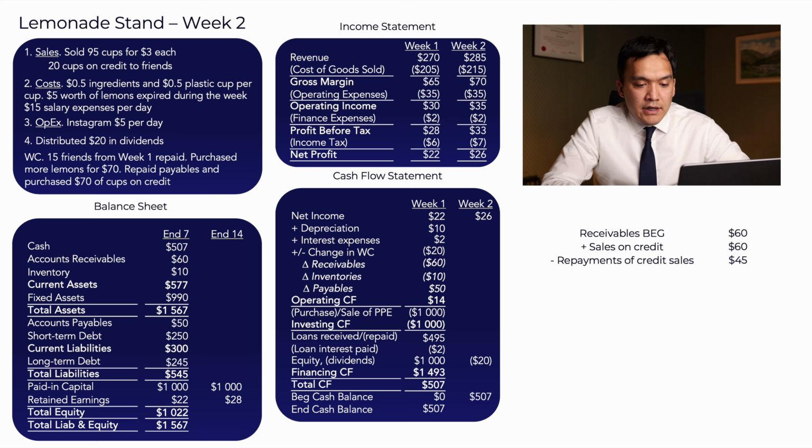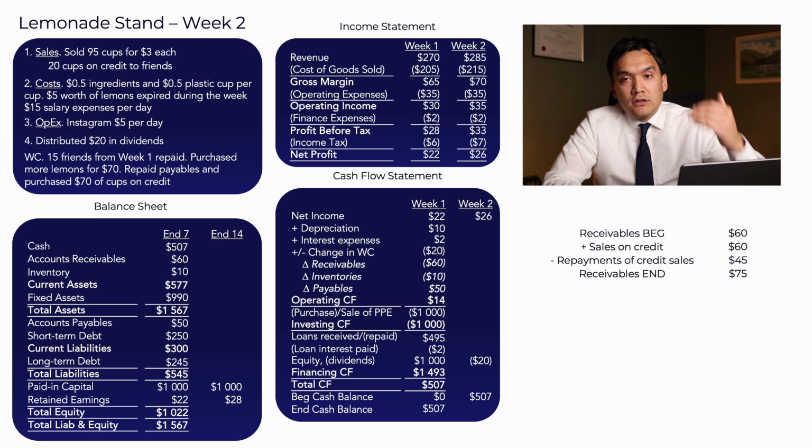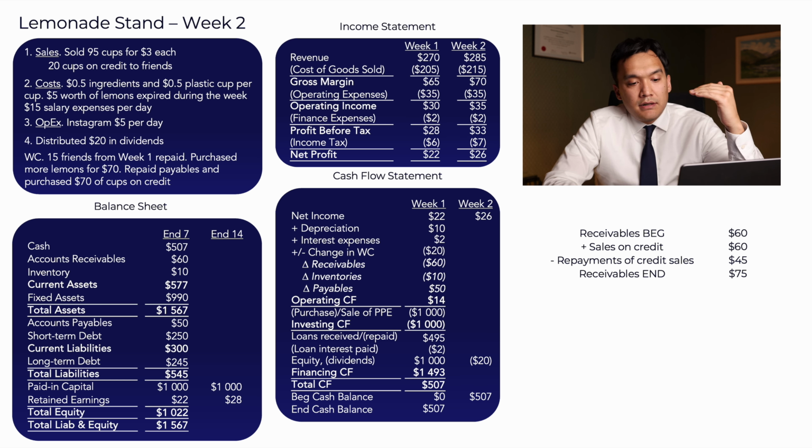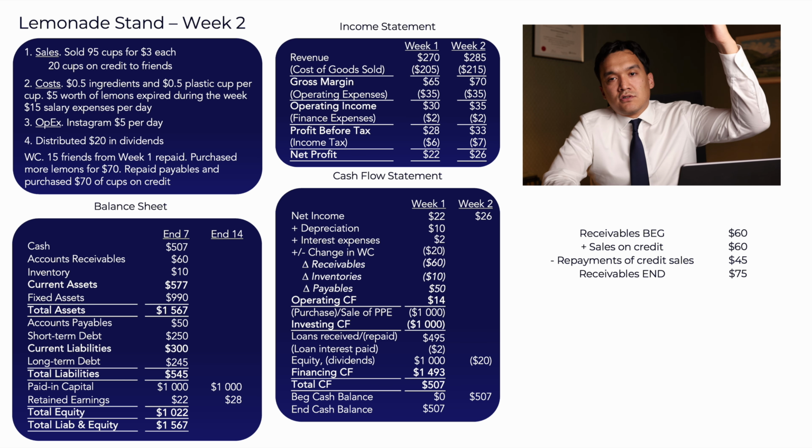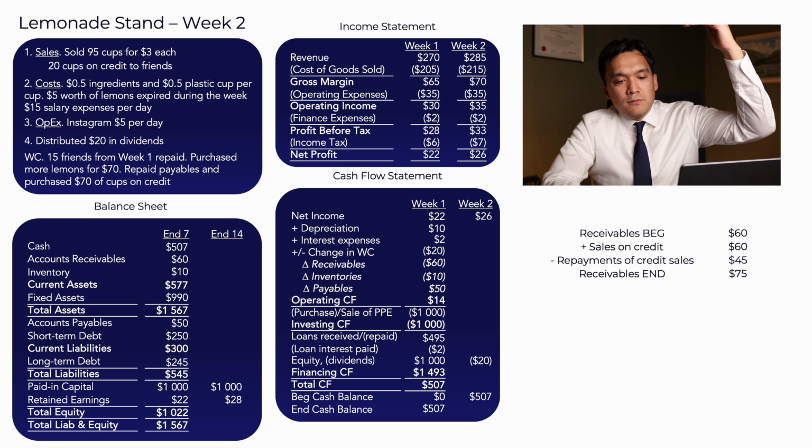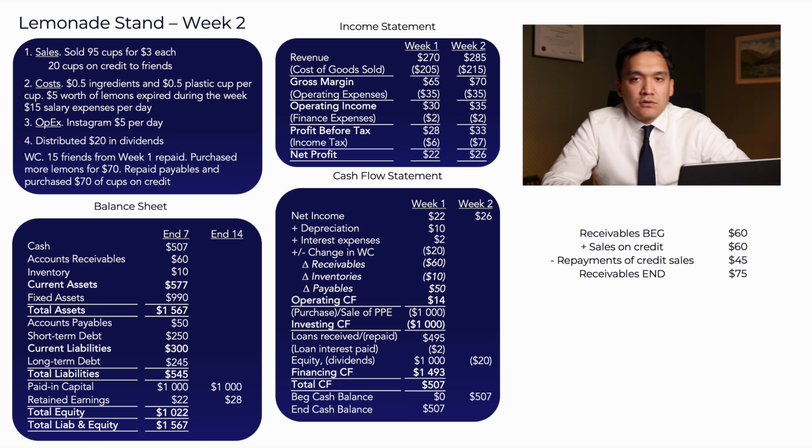And we have an accounts receivable balance at the end of week 2 of $75. So $60 beginning balance plus $60 of sales on credit to our friends in week 2 and minus $45 of accounts receivables repaid. So we have $75 at the end of week 2.